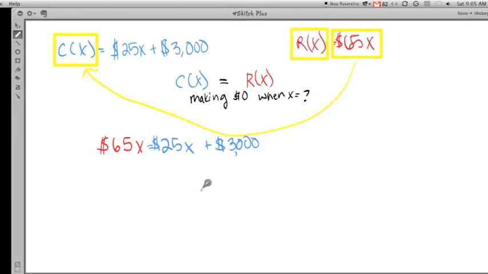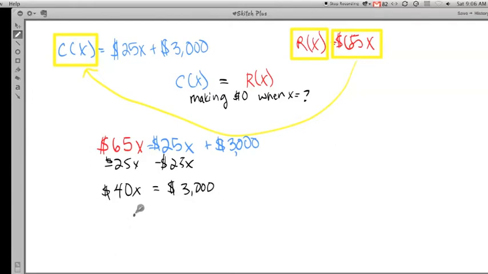Now this is great because we have just one variable. We know how to solve this. We want to get all of our variables together, so subtract 25x from both sides, or add a negative 25x. And we have $40 times x is equal to $3,000.